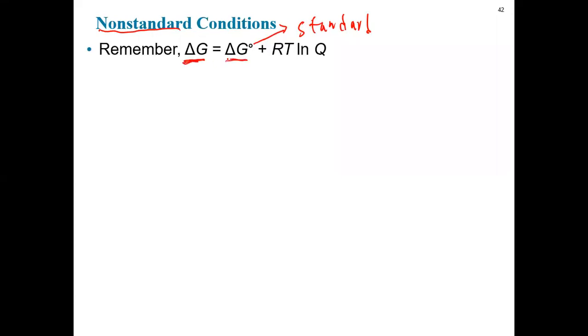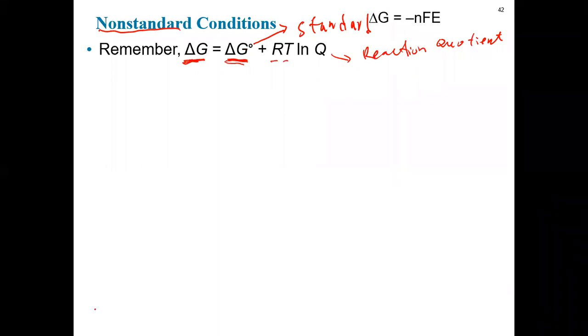Delta G0 is at standard condition. R is a constant, T is temperature in Kelvin, and Q is the reaction quotient, which has a similar expression as K. So if we know the concentration or partial pressure for all the reactants and products, we can calculate Q. Therefore, we can calculate the delta G, because we can calculate the delta G0.